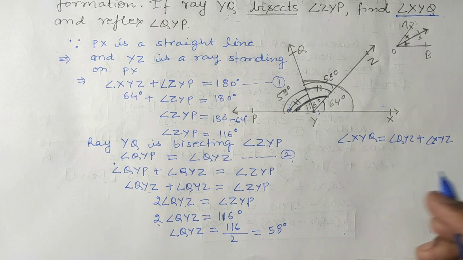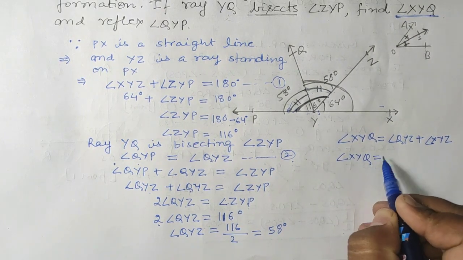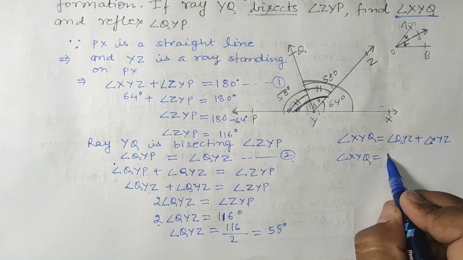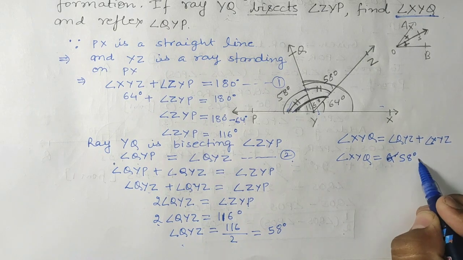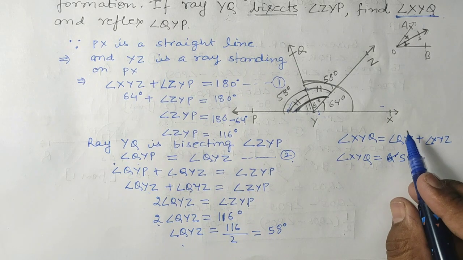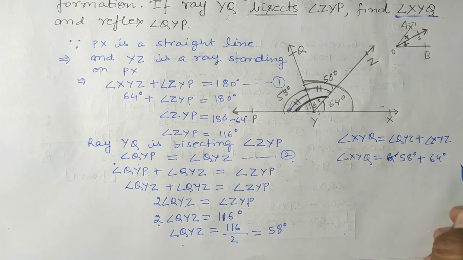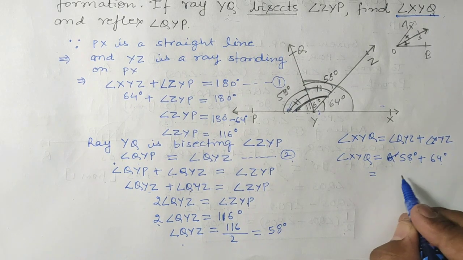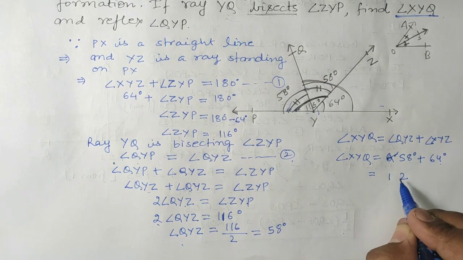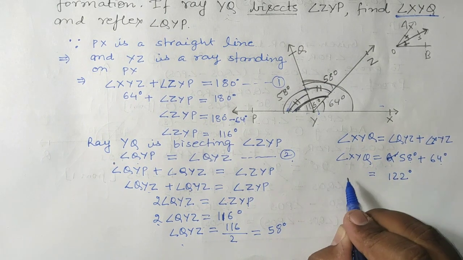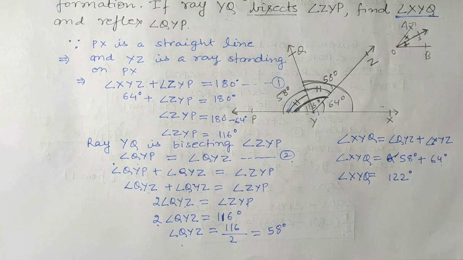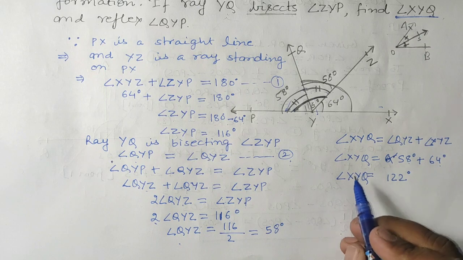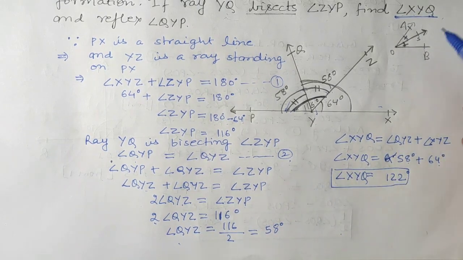Now angle XYQ is equal to QYZ, which we have found to be 58 degrees, plus XYZ. XYZ is given in the question, it is equal to 64 degrees. Now we'll add these two: 8, 4 is 12, and 5, 6 is 11, and 1 is 12. So 122 degrees is the value of angle XYQ. Okay, so this is the answer of the first question.